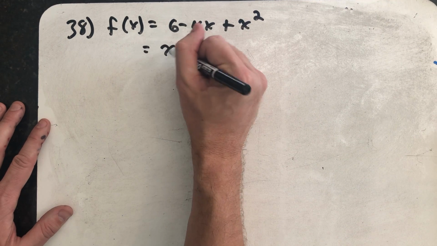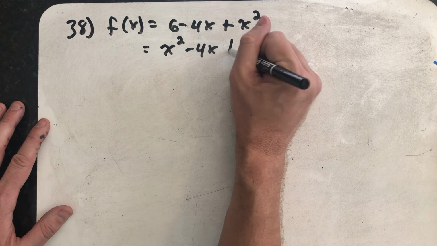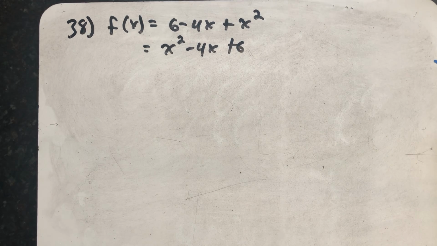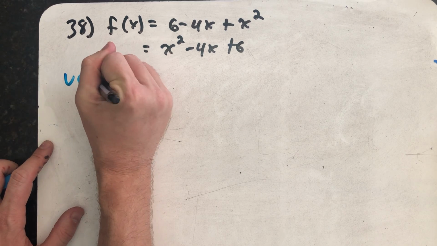And again, I think I'm going to rewrite this equation so that it's in a format I like a little better. So x squared minus 4x plus 6, descending by degree. And here again, I'm given the same instructions. So I'm going to find all the intercepts and all that other stuff, and then graph a picture, state a domain, and range. Well, I'm just going to use the vertex formula.